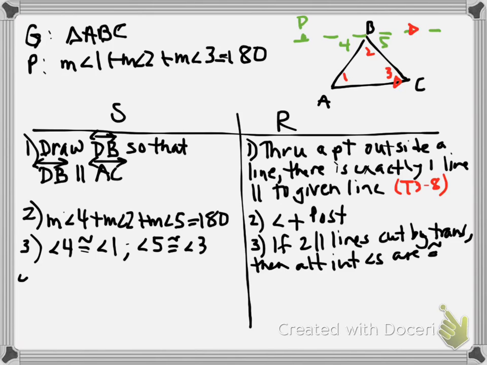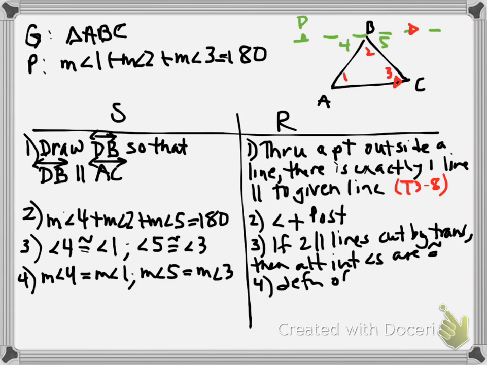Now, in order to get step 3 to talk to step 2, I need to go from congruence into equality. So measure of angle 4 equals measure of angle 1. Measure of angle 5 equals measure of angle 3. And that's definition of congruence.